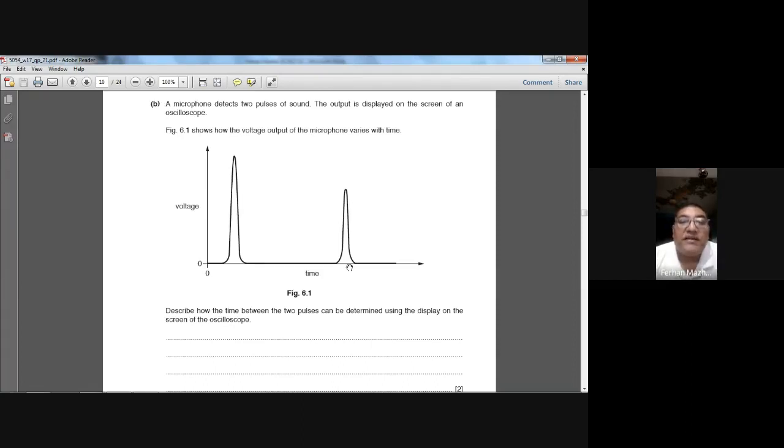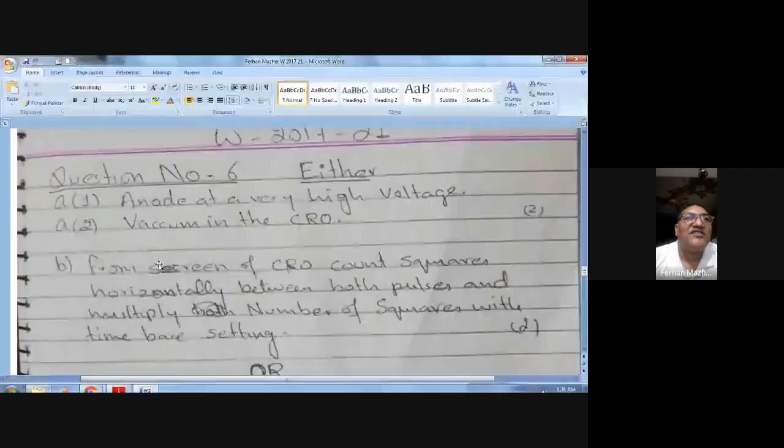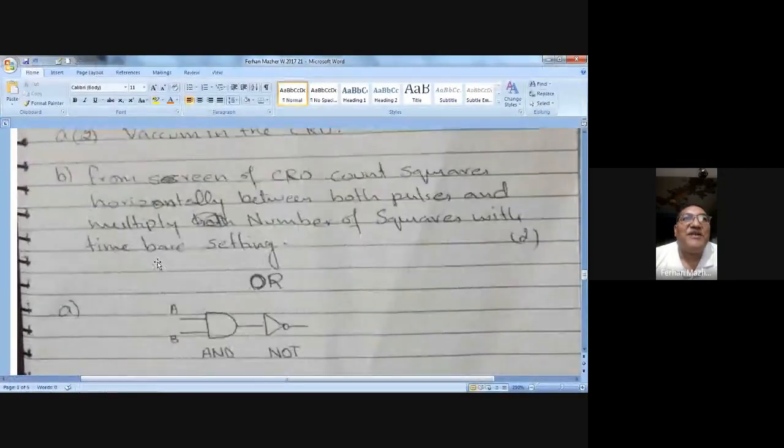Once you have counted the number of squares, multiply that number with the time base setting, and the answer will be the time lapse between the 2 pulses. It's a 2-mark question. I have written this answer also on the paper, and it is on your screen right now: from the screen of the CRO, count squares horizontally between both pulses and multiply the number of squares with the time base setting. I hope you have understood.